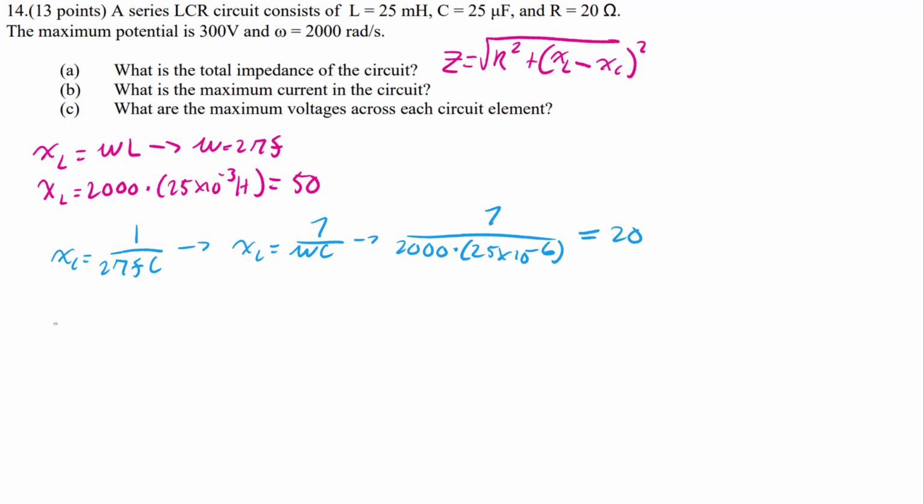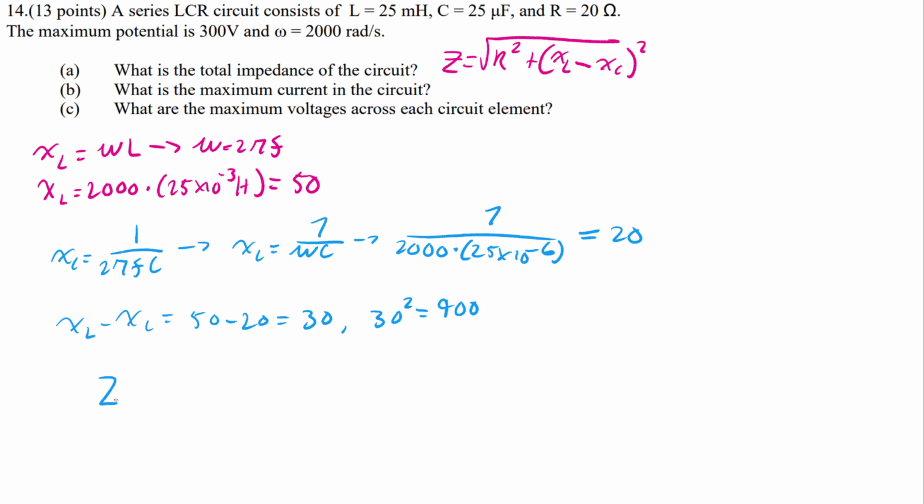Okay, so now X sub L minus X sub C turns out to be 50 minus 20, which is 30. Now, 30 squared is 900. And the resistance, we said it was 20.